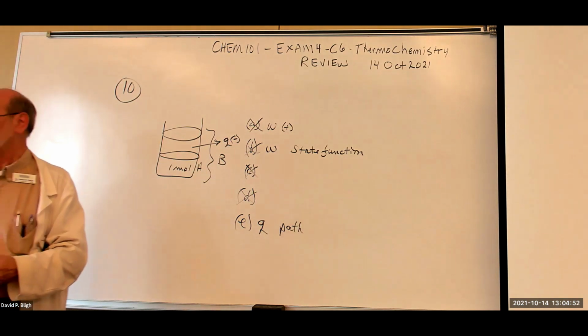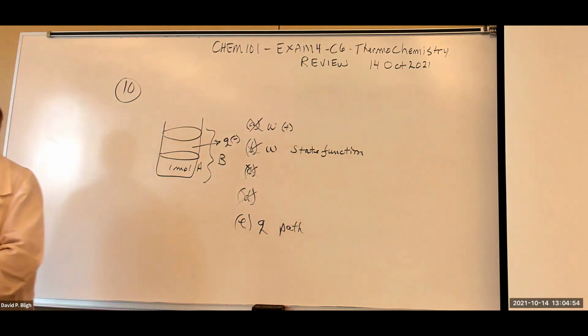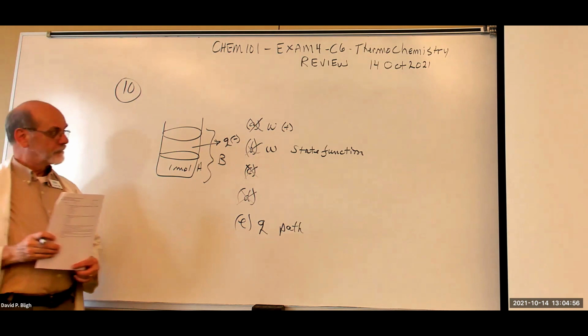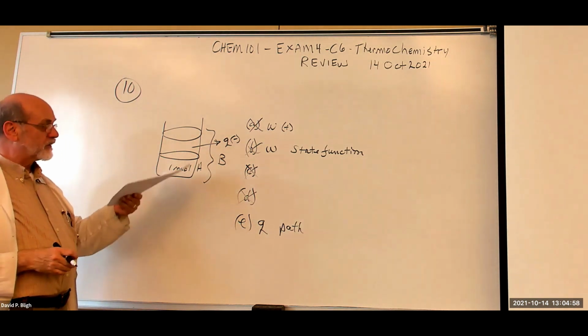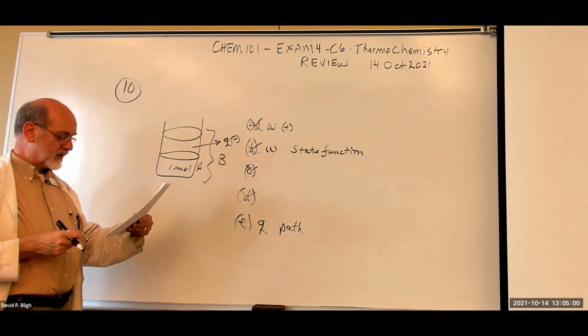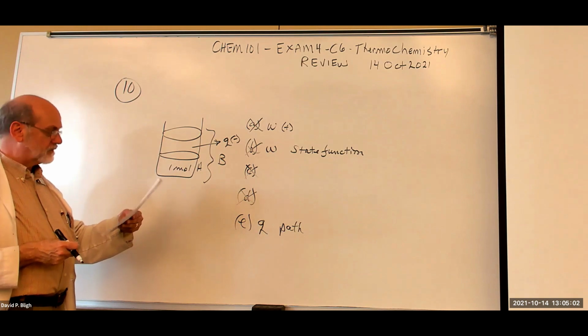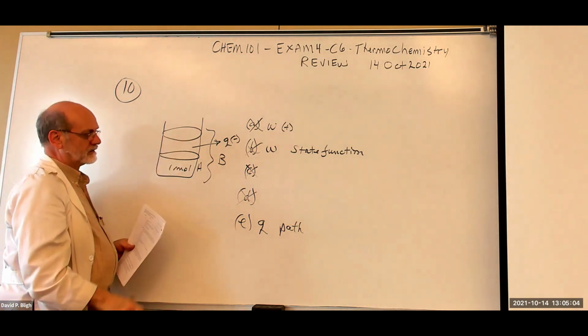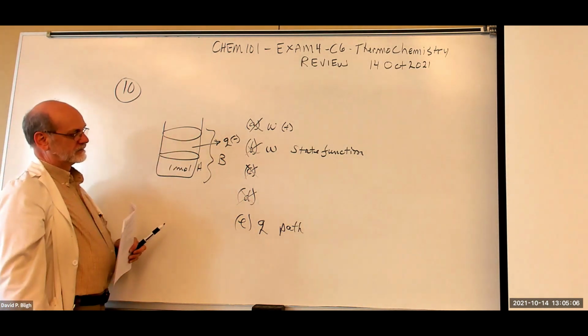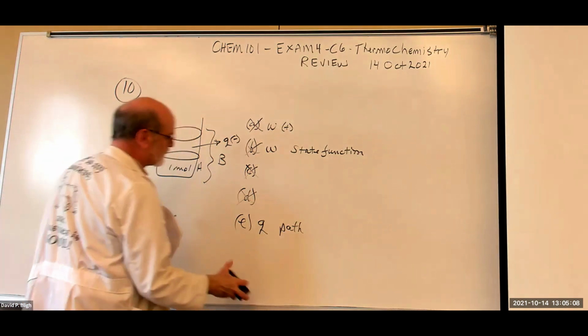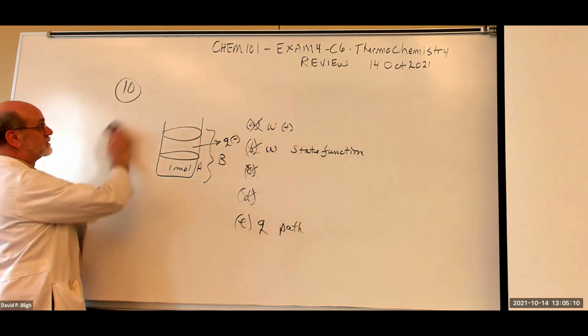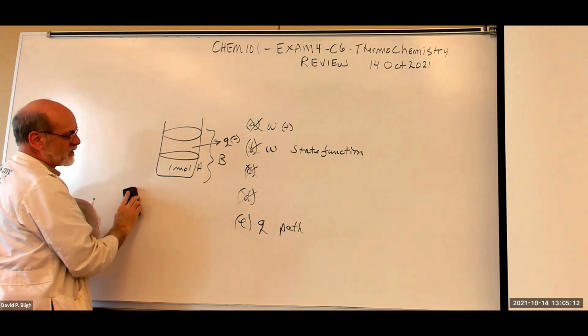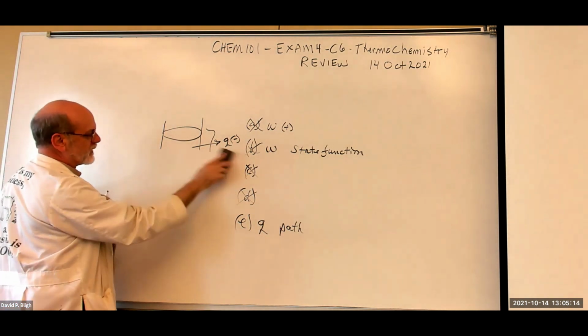Depends on the path. And that statement in and of itself is true. I mean, we don't know from the original statement if it's doing that or not. But the statement all by itself is true. Does depend on the path. The amount of heat released does depend on the path.